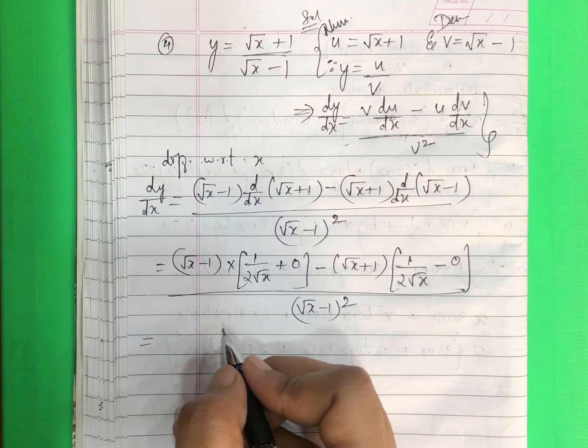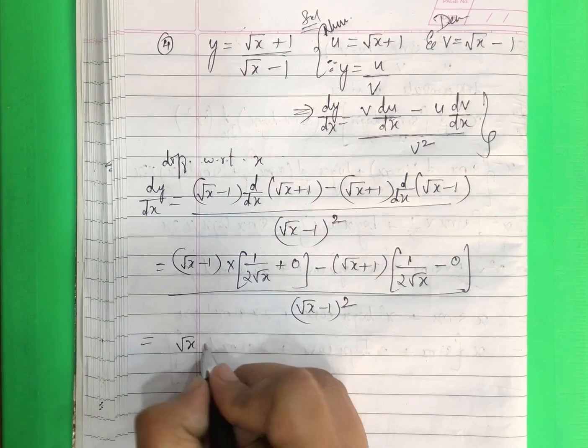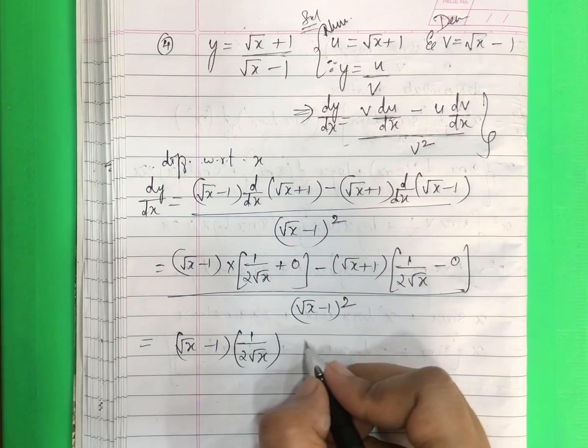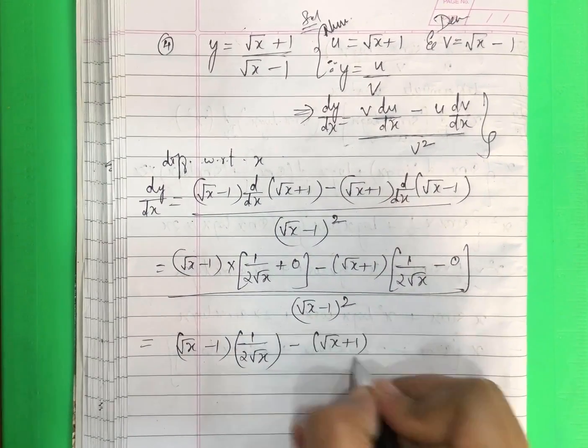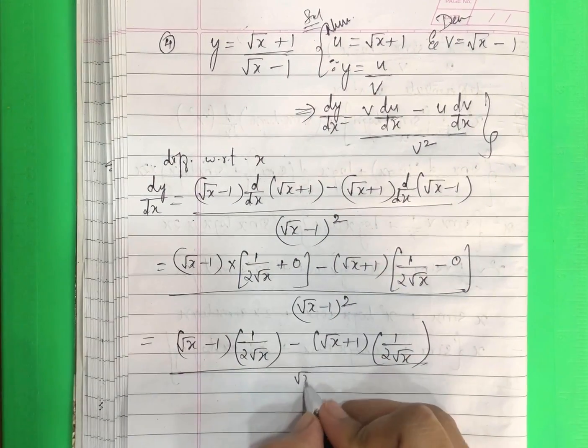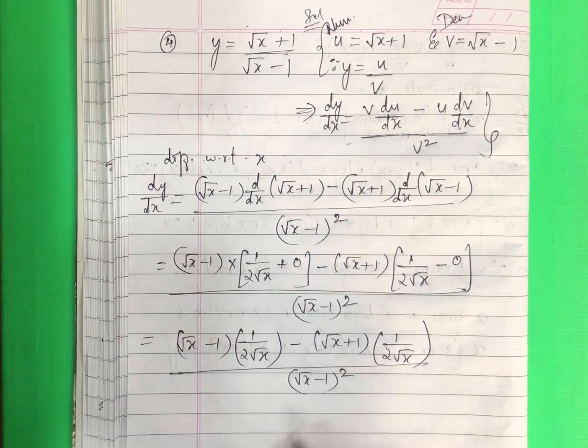So this gives us root x minus 1 into 1 upon 2 root x minus root x plus 1 into 1 upon 2 root x upon root x minus 1 whole square.